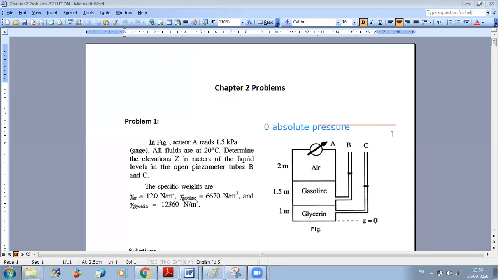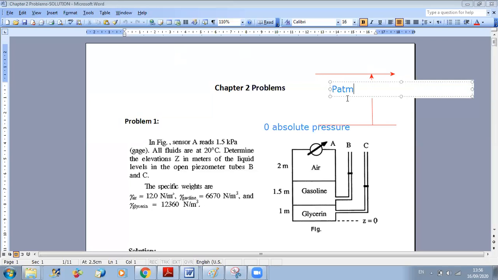What I want to tell you is you have the 0 absolute pressure, and you have the atmospherical pressure. The atmospherical pressure is known, it's nearly equal to 1.3 bars, and you can measure it.